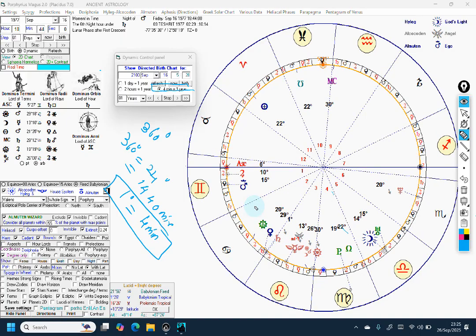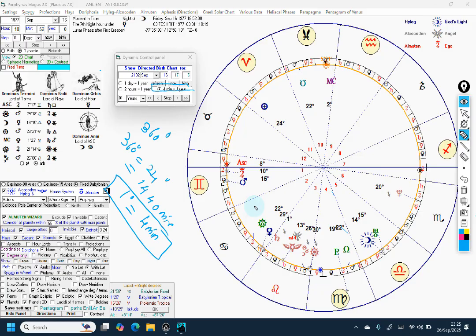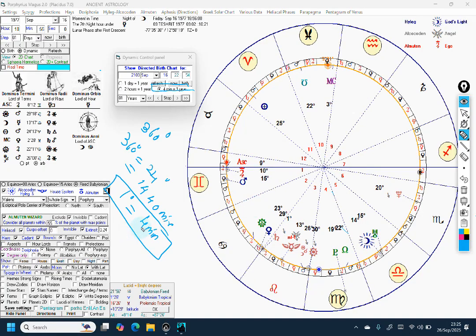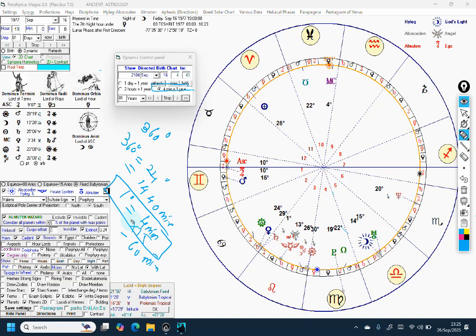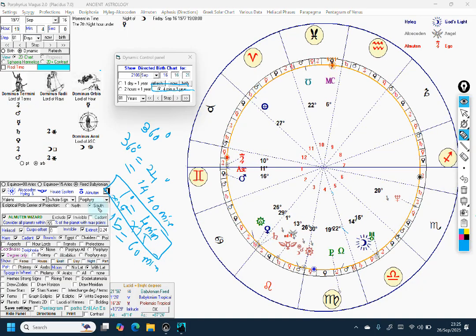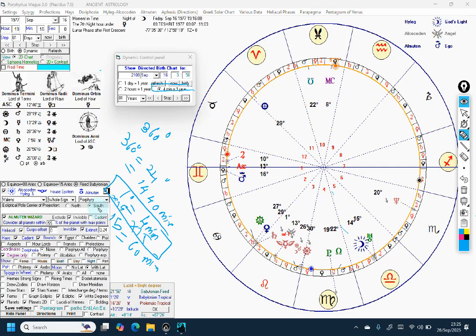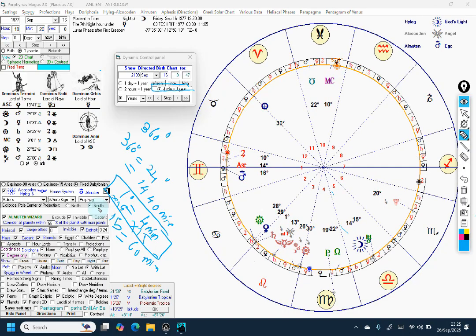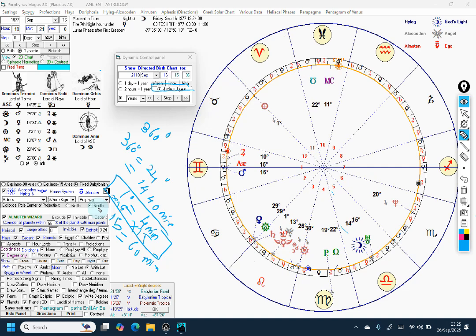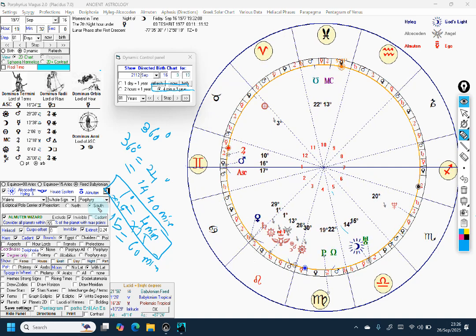Which basically means 4 into 15 is 60 minutes, equal to 1 into 15, 15 years. So in the concept of primary directions, 60 minutes after our birth time will correspond to the 15th year of life. You would have completed roughly 15 years of life.